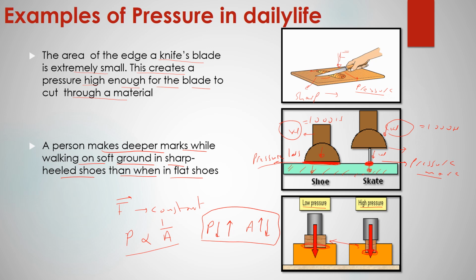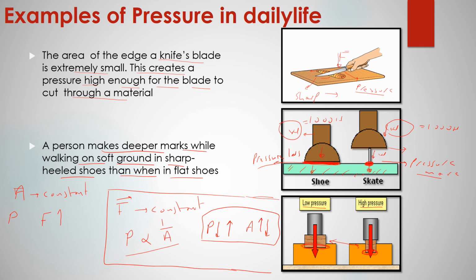This is for when F is constant, if we keep F constant. Then secondly, if the area is constant, so you keep the area constant, what is the relationship between the force and pressure?